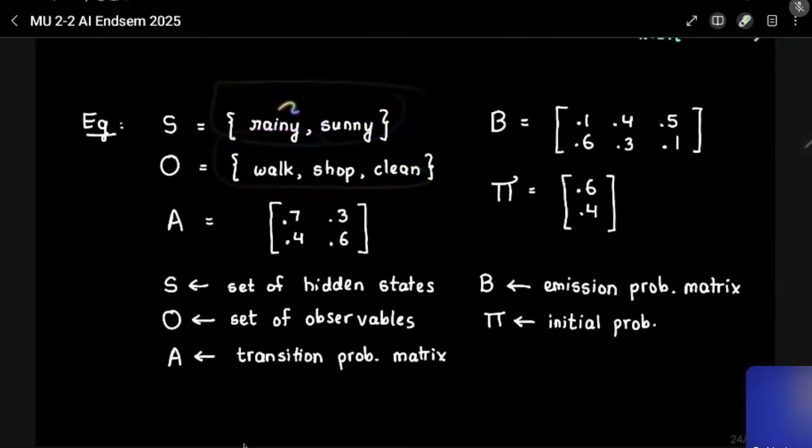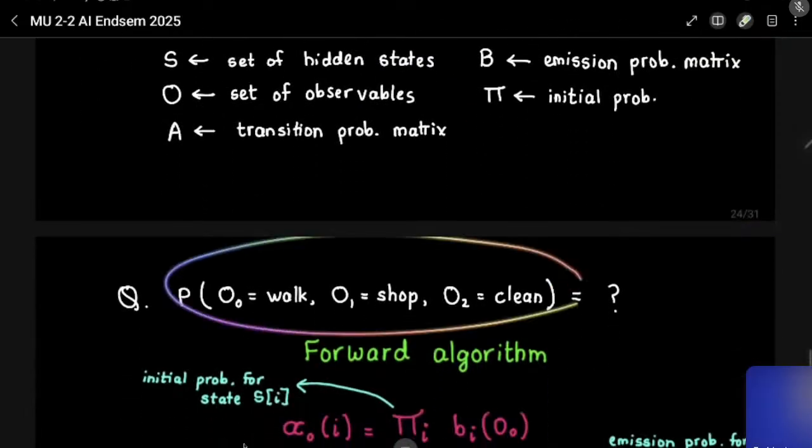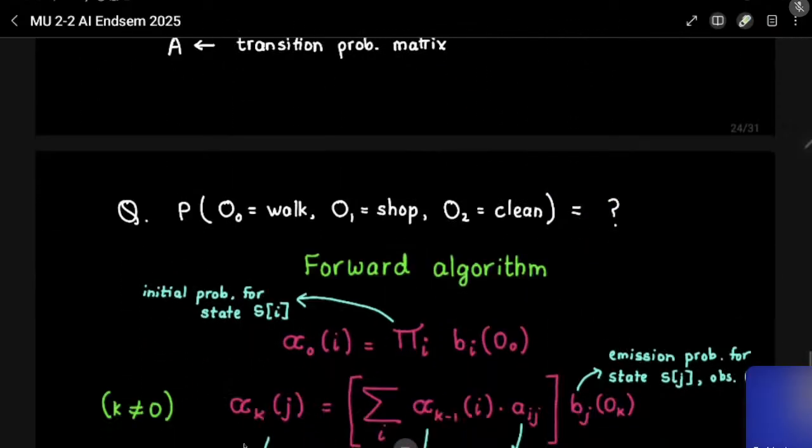So if it is rainy, sunny, it means this is rainy, this is sunny, this is rainy, this is sunny, this is rainy, this is sunny. And if you fix the order that it is walk, shop, clean, so this has to be walk, shop, clean. If you change the order here, then the meaning changes here. So don't change this order. But this order depends on the question. What is the sequence of observables?